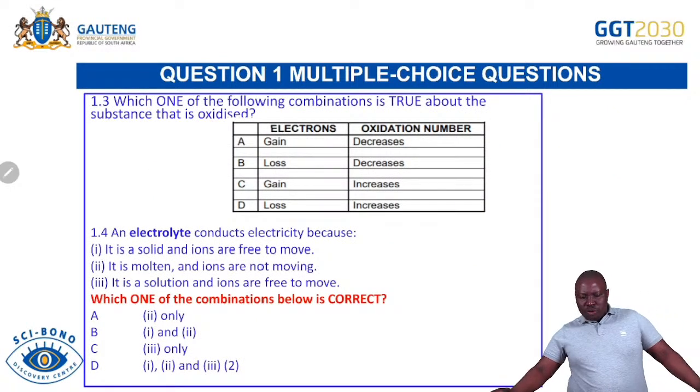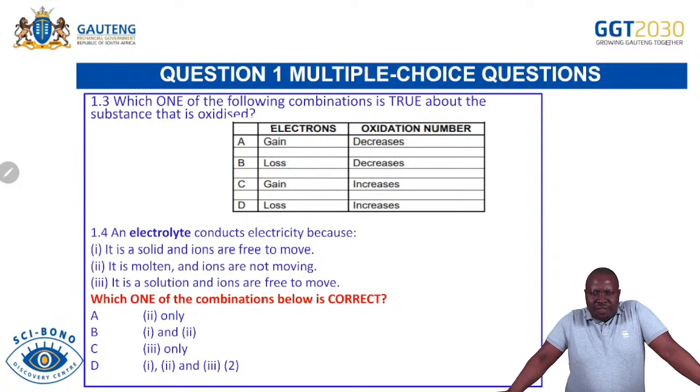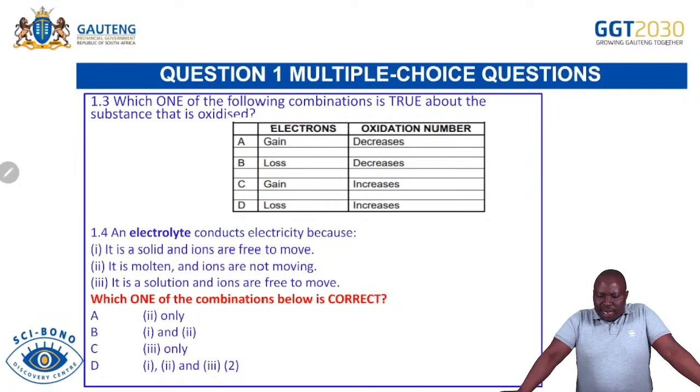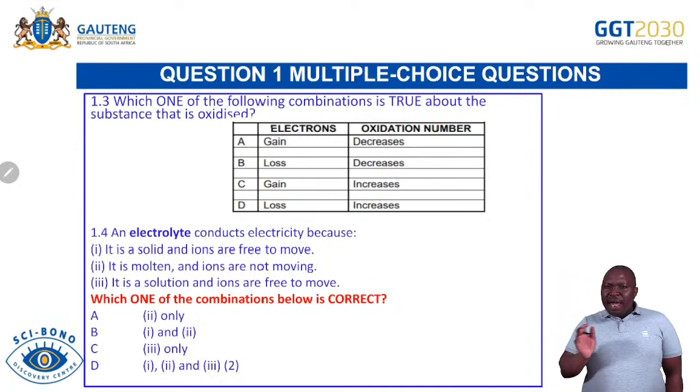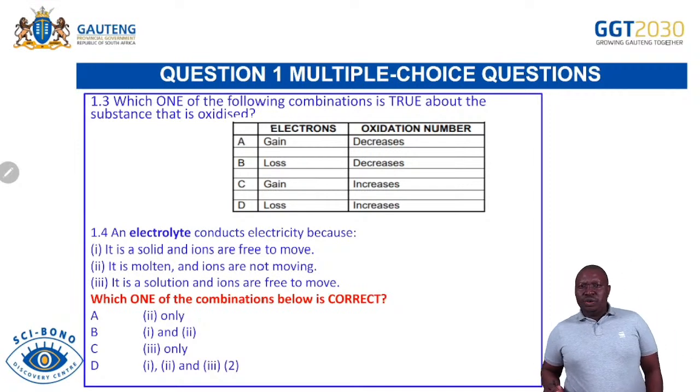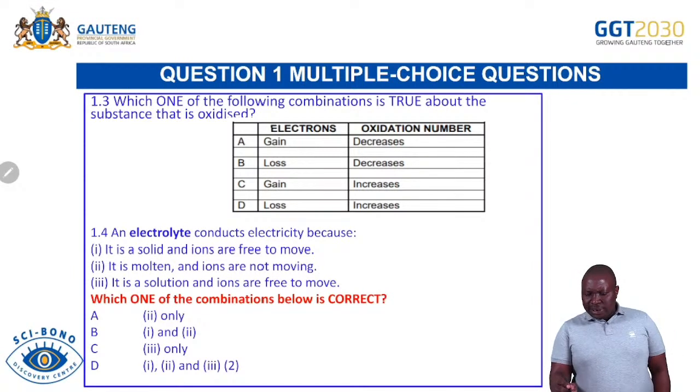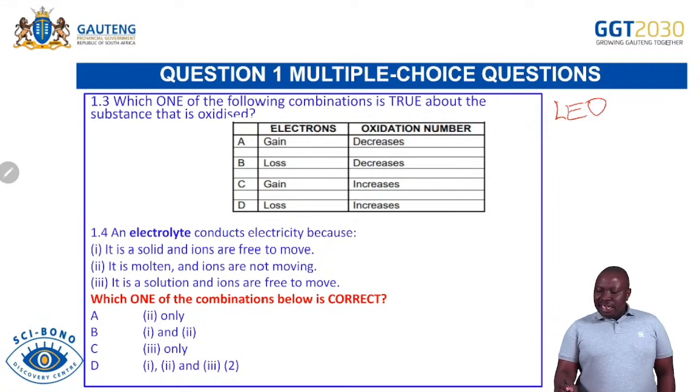As we go now to question 1.3, which one of the following combinations is true about the substance that is oxidized? It is very important, learners, to remember all these terms that we use during redox reactions, because during a redox reaction, loss of electrons is oxidation, and a substance that undergoes oxidation is a reducing agent.